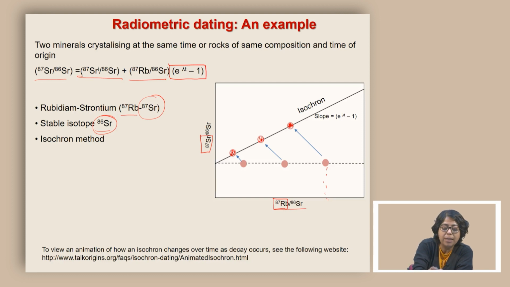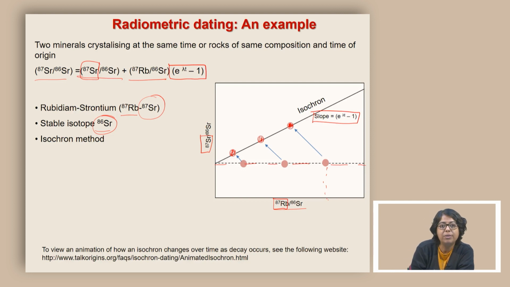More importantly, the initial concentration is going to remain the same, and therefore we can figure out the initial concentration. Not only that, the slope of this isochron line is going to tell us about the age, and as the slope changes, that is going to tell you the different ages of the rock.